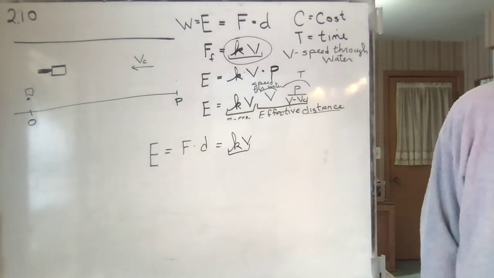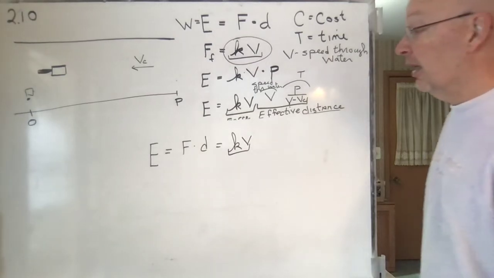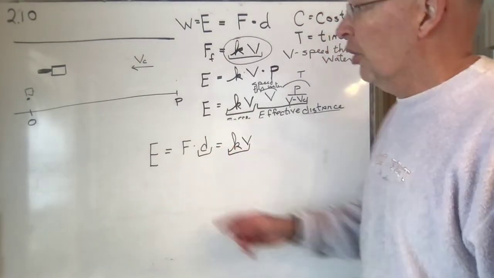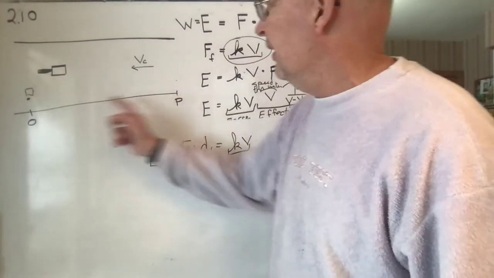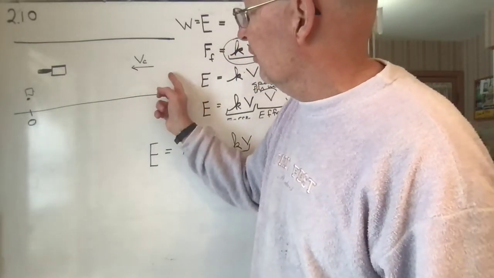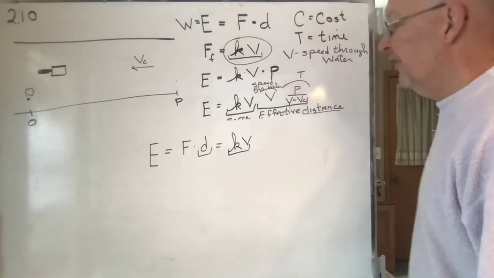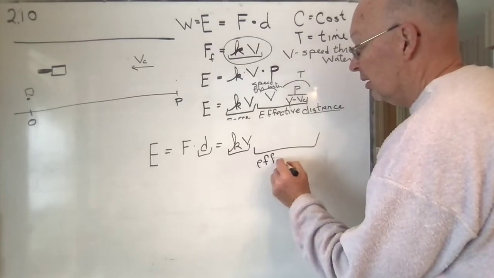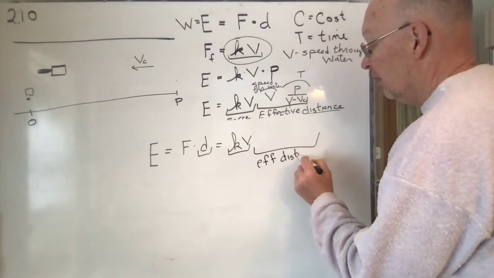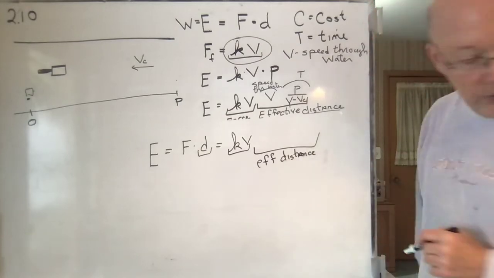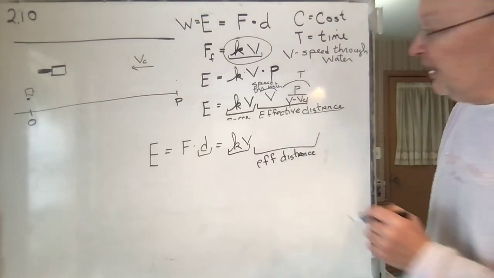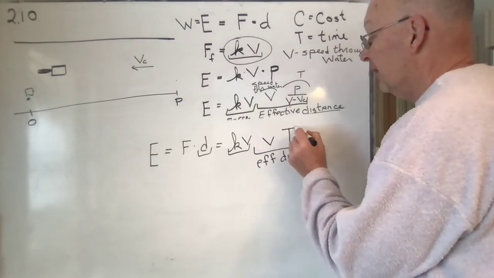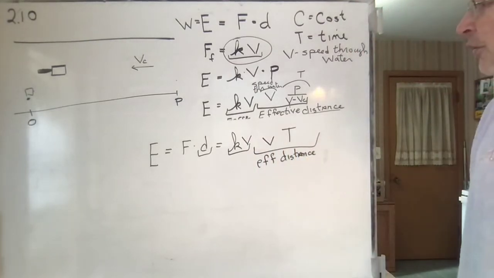And now, the effective distance that you go, it's not going to be P again, because you're going against a current. The effective distance is going to be your speed through the water times the amount of time that you're traveling, right?